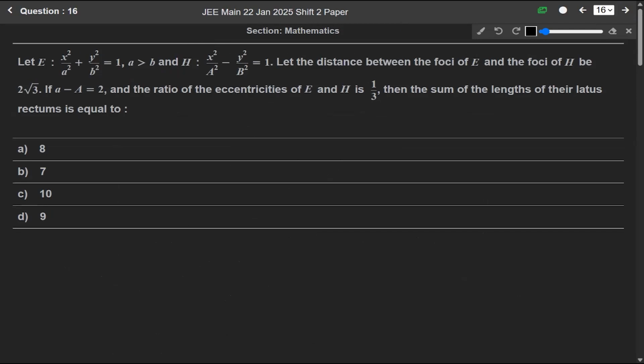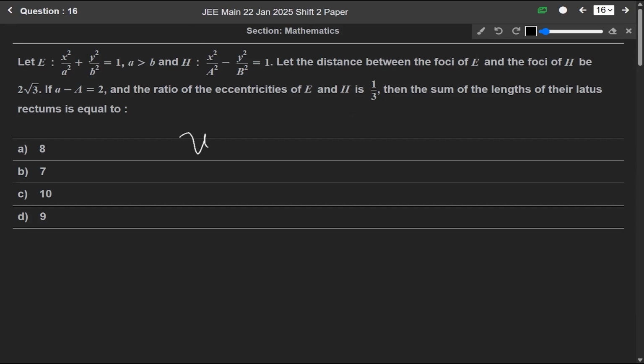Now next question 16. If E denotes an ellipse, x square over a square plus y square over b square equals 1, where a is greater than b. Okay. And H is a hyperbola, x square over A square minus y square over B square equals 1.